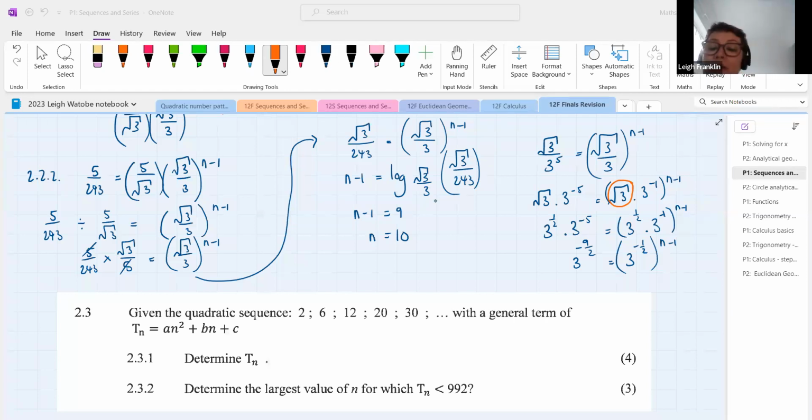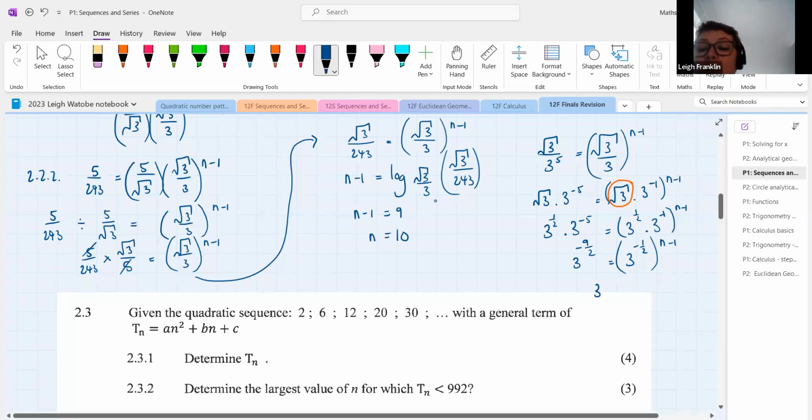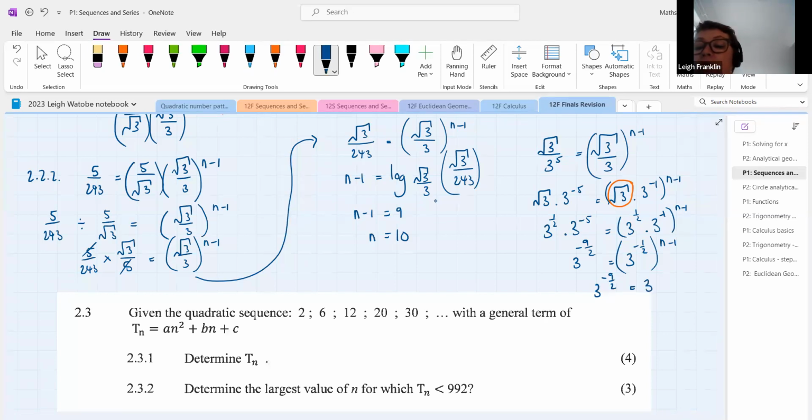Okay, so that means we've now got 3 to the power of -9/2 is equal to 3 to the negative half n. So remember, we raise a power to a power, we multiply our exponents, and then this would be plus 1/2. And now that your bases are the same, we can equate our exponents.